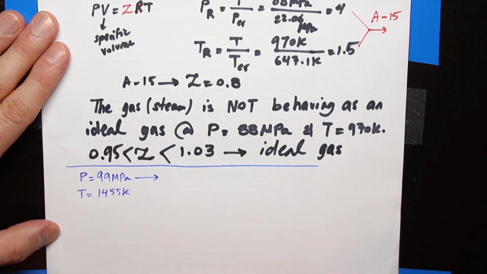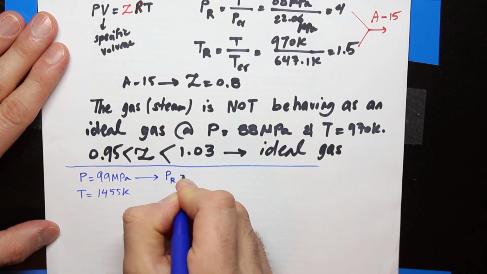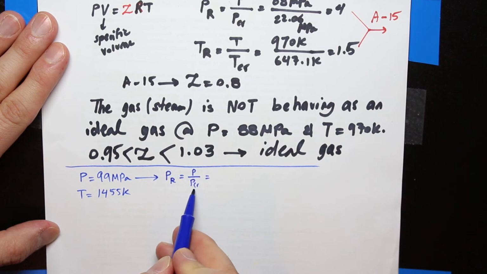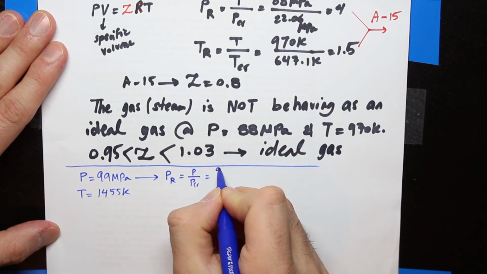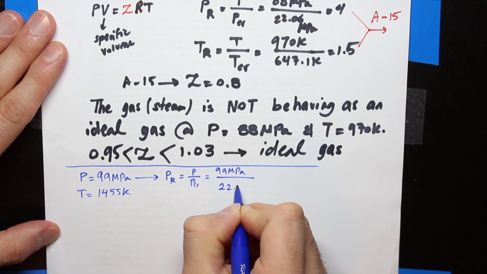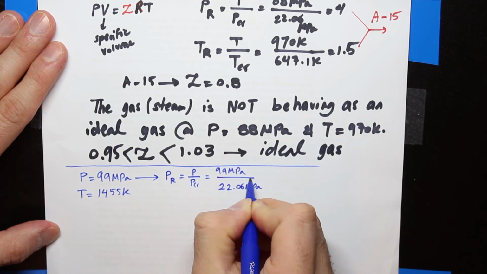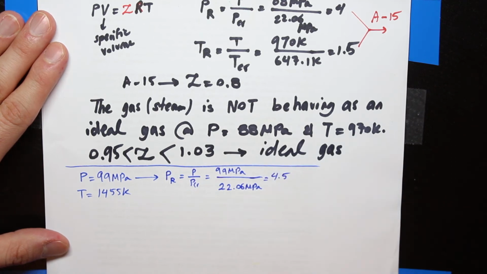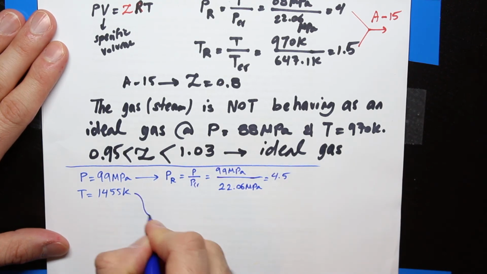All right, the procedure is still the same. My reduced pressure is pressure over the critical pressure, P subscript CR, which is 99 megapascal over 22.06 megapascal, roughly 4.5. That's my reduced pressure, which by the way is a dimensionless number.